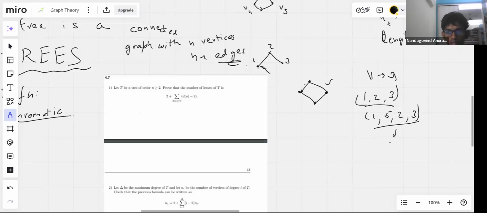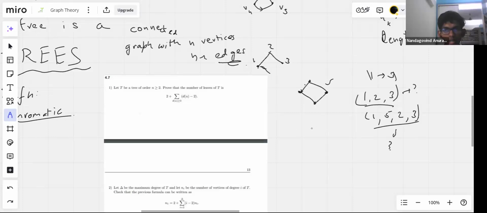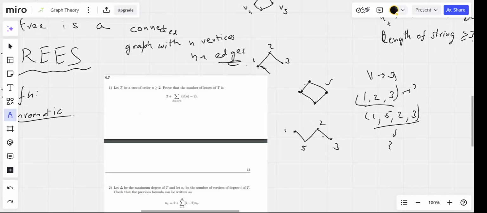Can something like this happen in a tree? 1, 5, 2, 3 means there's a path 1, 5, 2, 3, and this is saying there is the path 1, 2, 3. You guys see what was wrong?